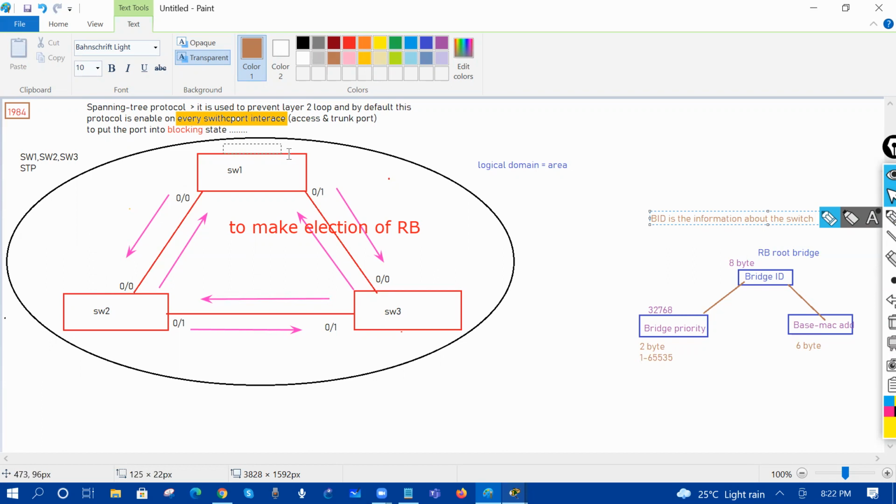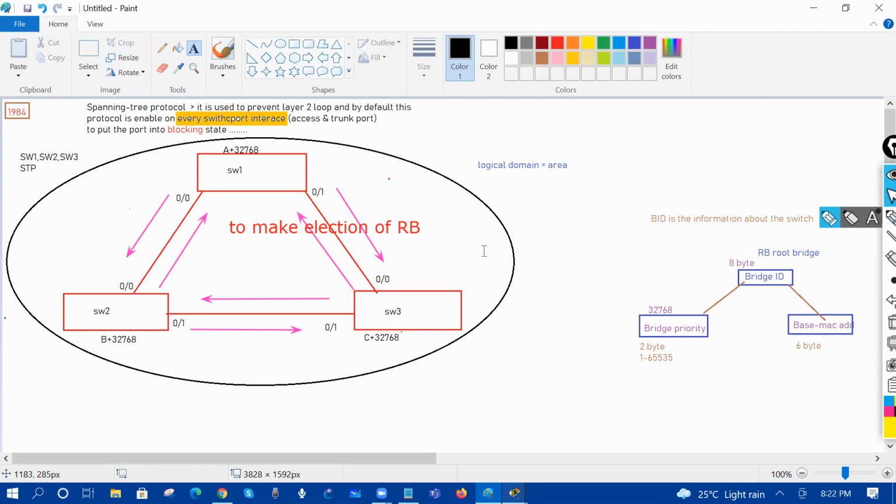I'm just assuming that the bridge ID of this guy is A plus 32768, this guy is B plus 32768, and this guy is C plus 32768. Now understand one thing. Switch 3 has shared its own bridge ID information with switch 1, so switch 1 now has C plus 32768 as well as its own information, A plus 32768.